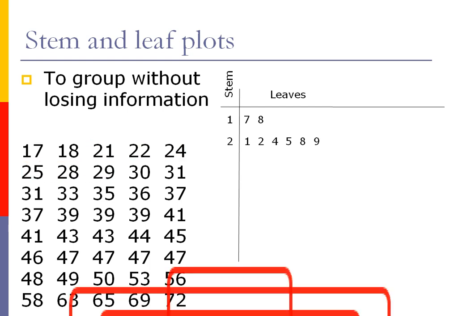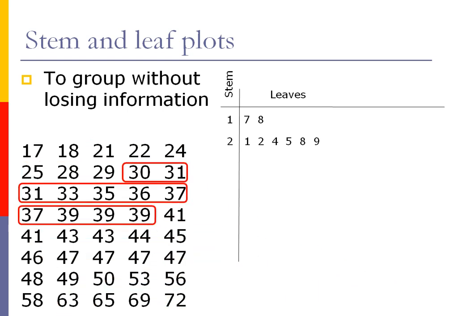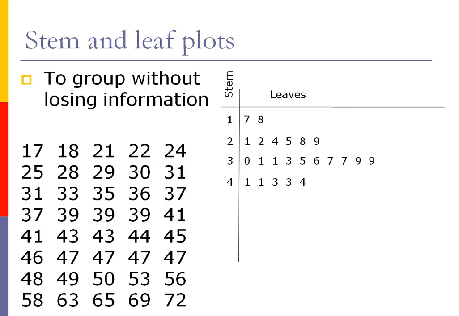We can do the same thing with the 30s, and this is going to create a longer list, which is fine. We're going to keep all of those numbers in order, with the stem on the left and the leaves on the right-hand side. And then we can do the same thing with the 4s and with the 5s.